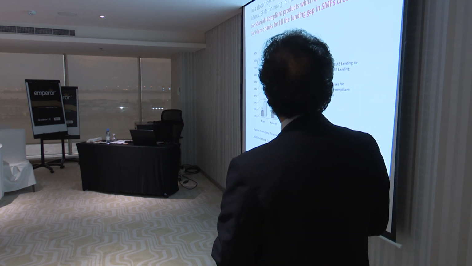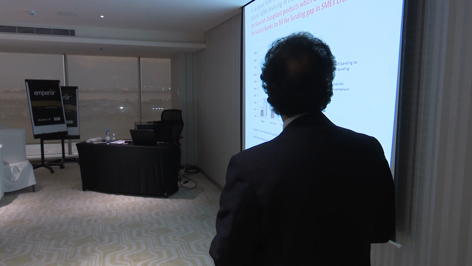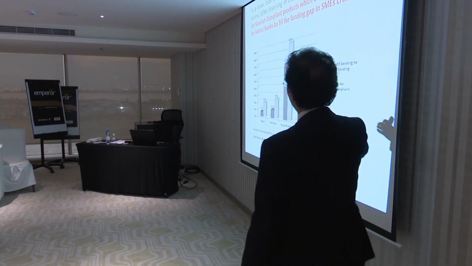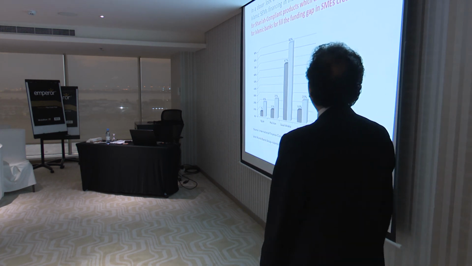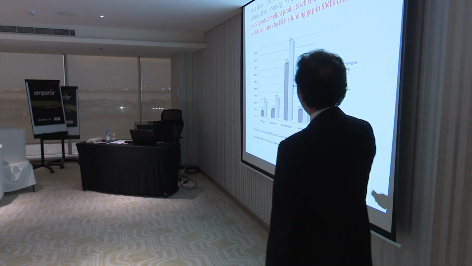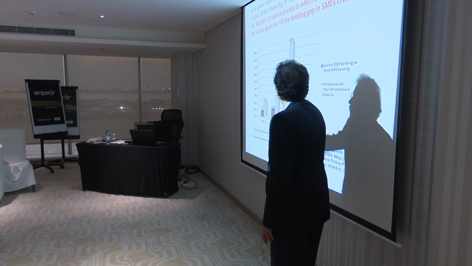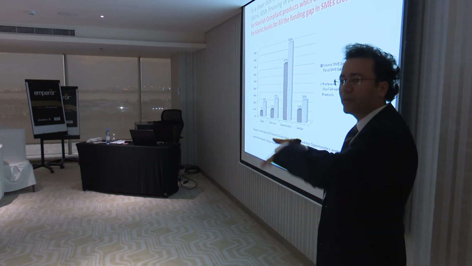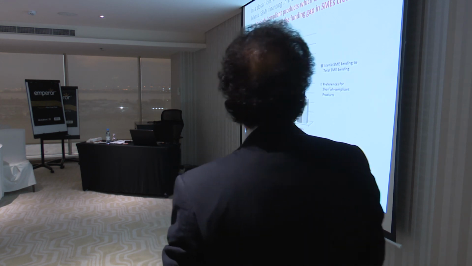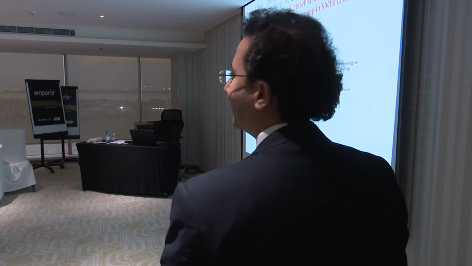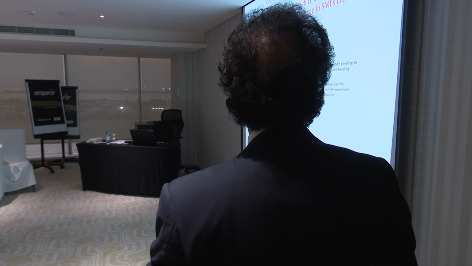So here we look at a comparison between the level of financing for SMEs and the preference for Sharia financing. If we look at the differences there, that is the gap that Islamic banks can fit in and fill, the gap in credit needs for SMEs.